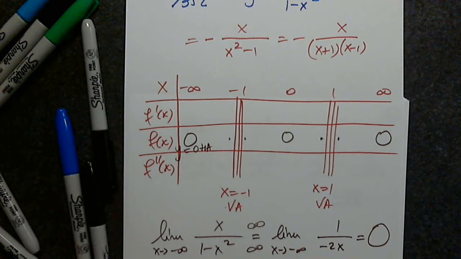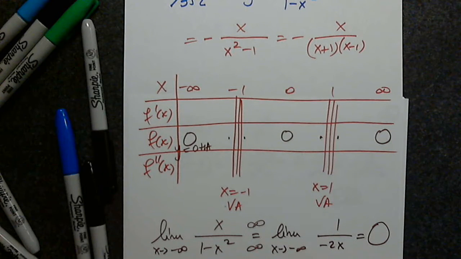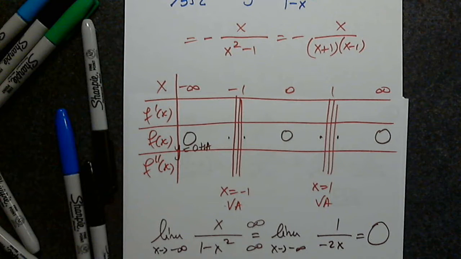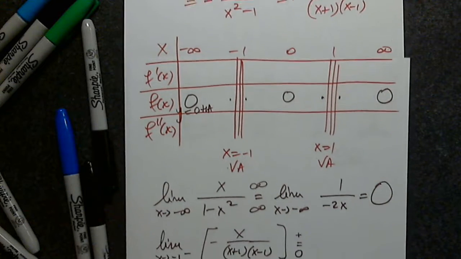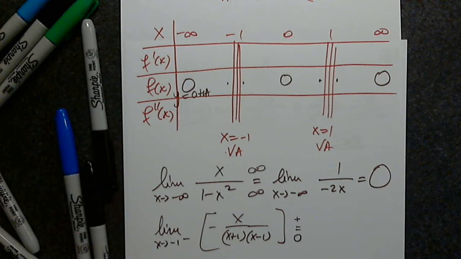Okay, so we haven't finished the limit, so we're continuing with the limits. I know that the numerator at negative 1 is positive, and I know that the denominator is 0. So I know that the answer must be an infinity. I don't know which one. With negative 1.1 to the left: negative, negative, negative.